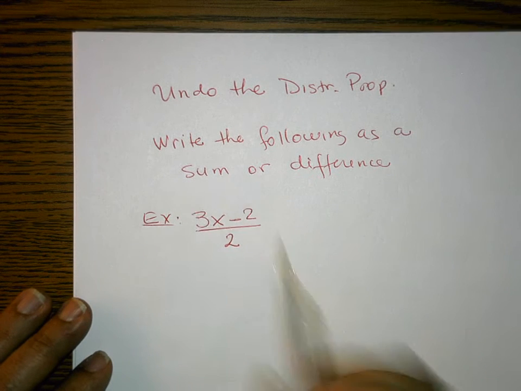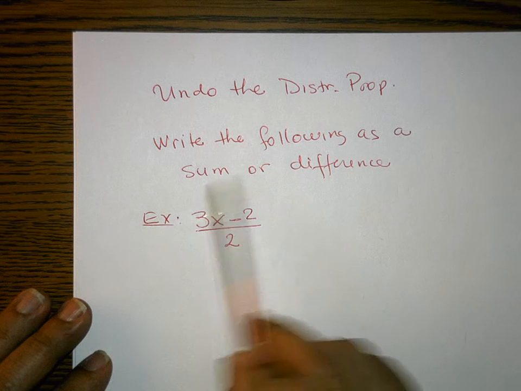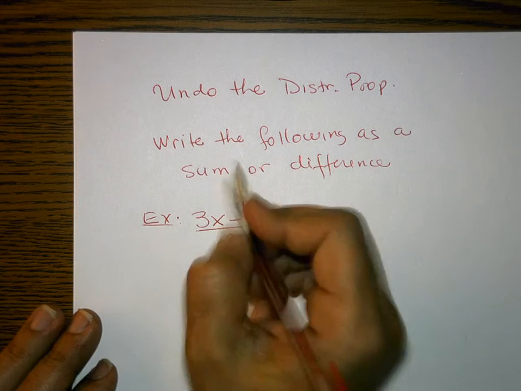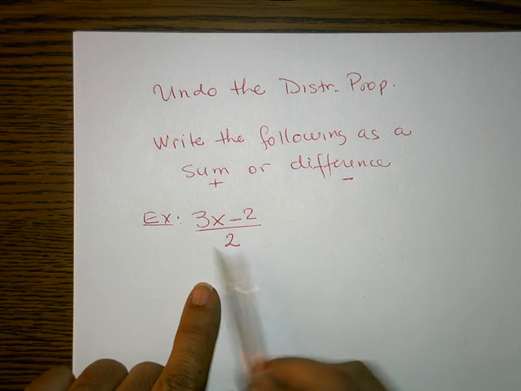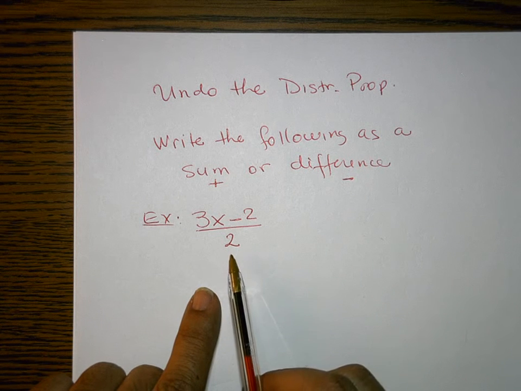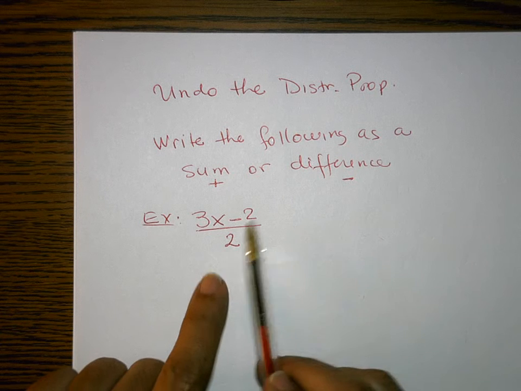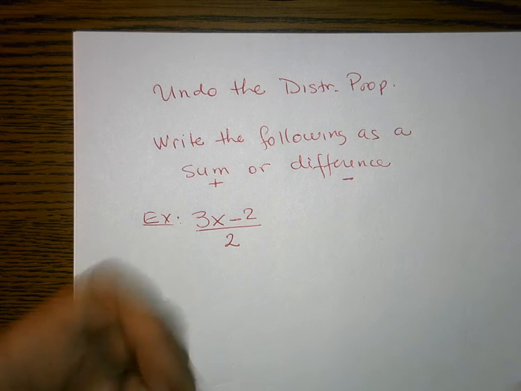And it's asking us, write the following as a sum or a difference. So sum is an addition and difference is a subtraction. Over here, when I look at this problem, I don't have a sum. I don't see an addition anywhere. I have a difference. And I want to rewrite it as just a number minus another number.